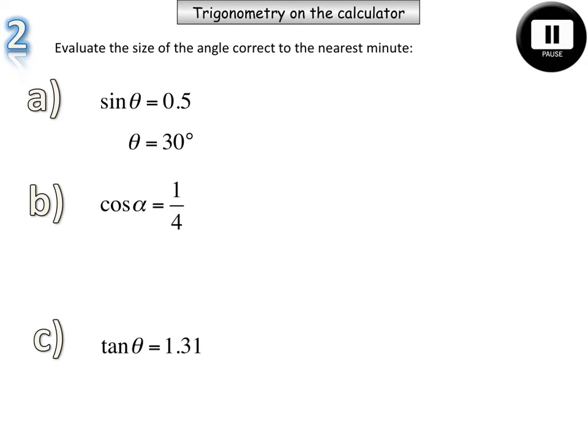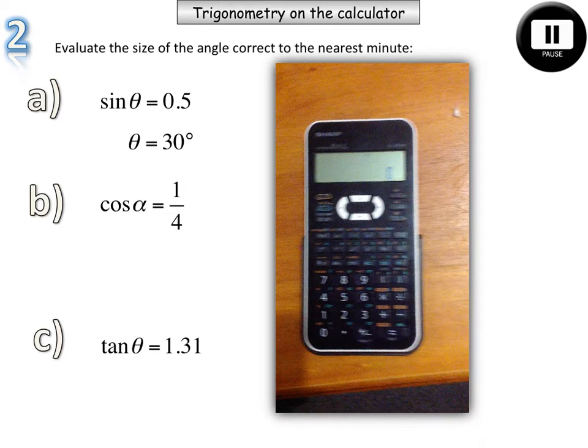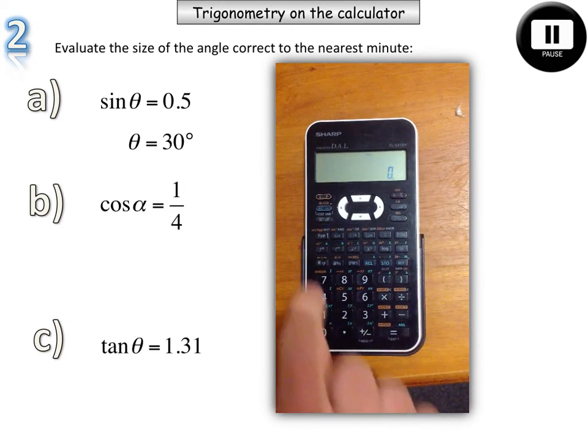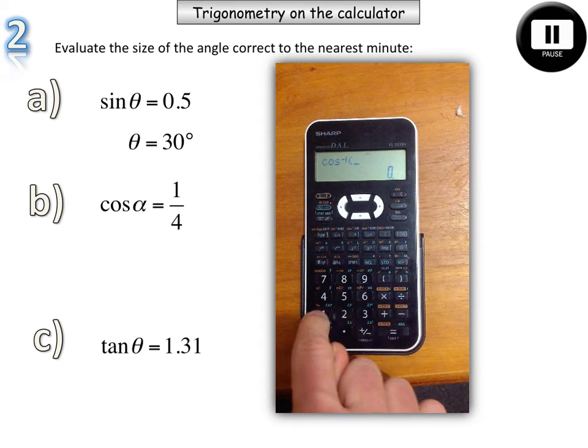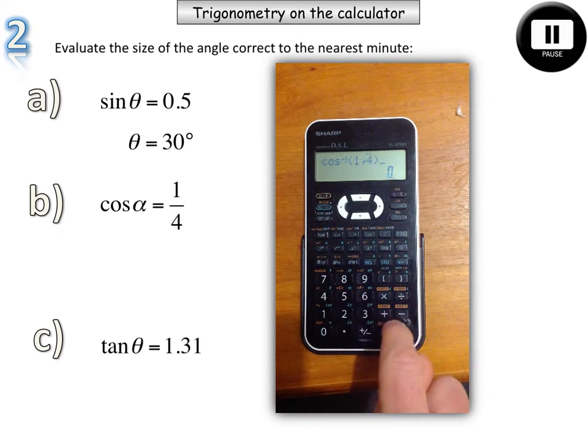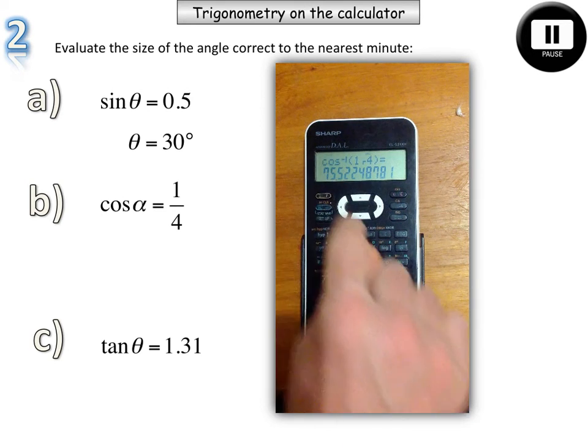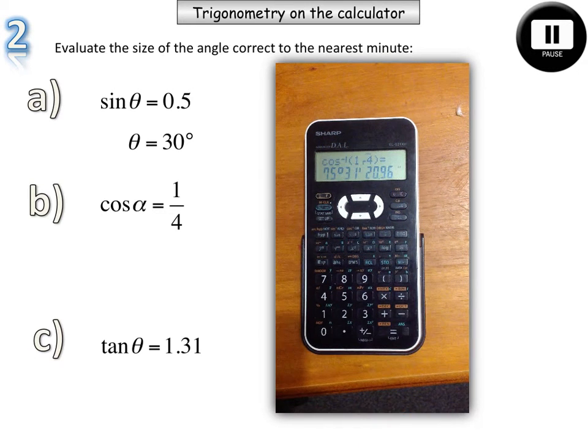The next one is saying, what angle, when I have adjacent over hypotenuse, gives me a quarter? So what angle will give me that ratio? Okay, so second function, cos, we say that's the inverse cos of 1/4, close bracket, and we want it to the nearest minute.